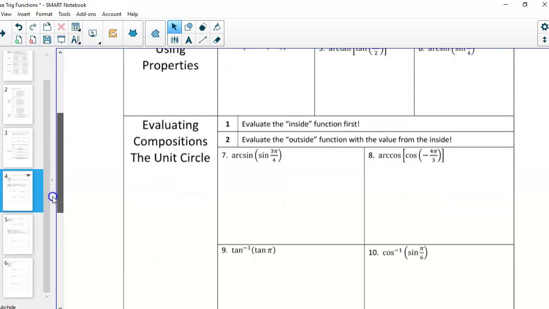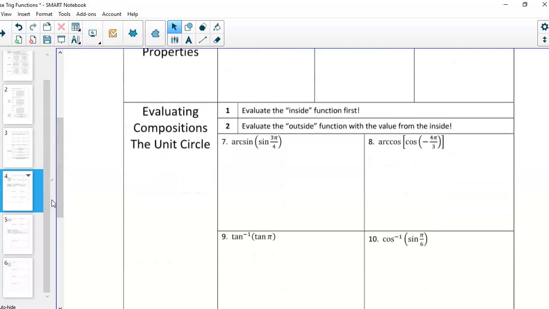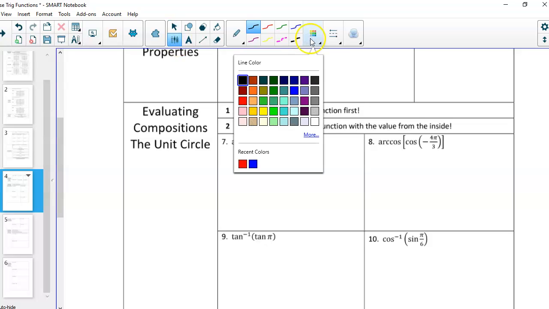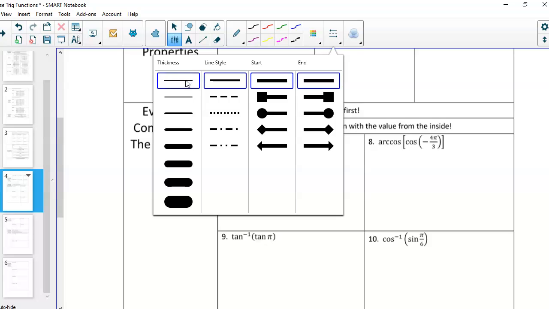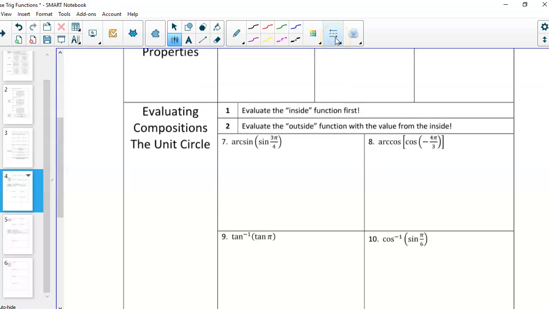And now we're going to do some that really don't cancel, or they'll be completely different functions. So remember, in order to see do they cancel or do they not, either the angle or the exact value inside needs to match or be within the inverse domain or range. Just so we remember what those are.